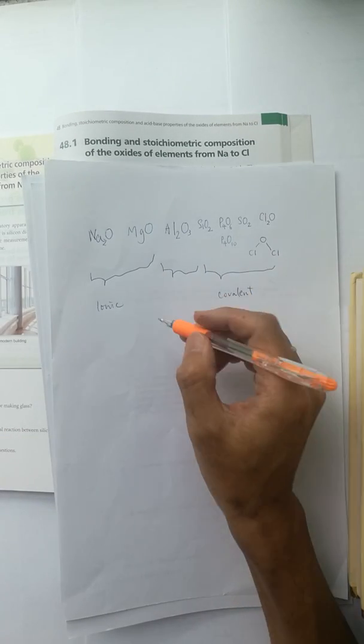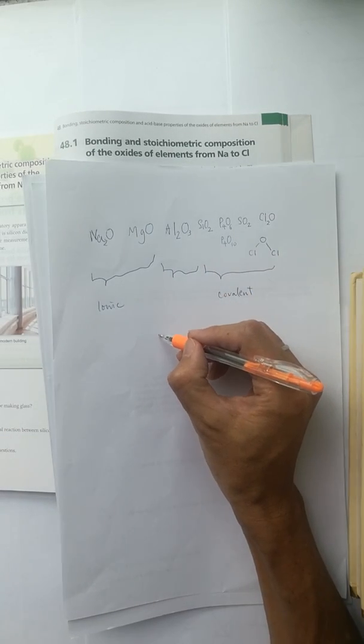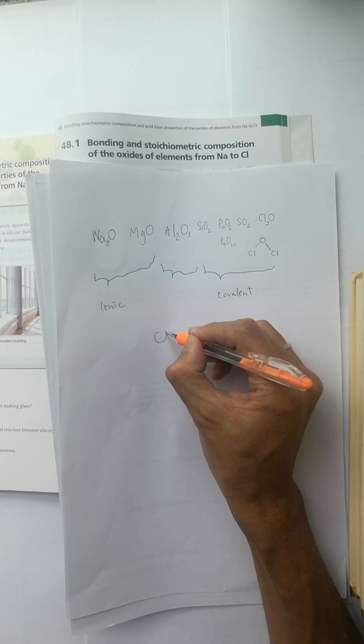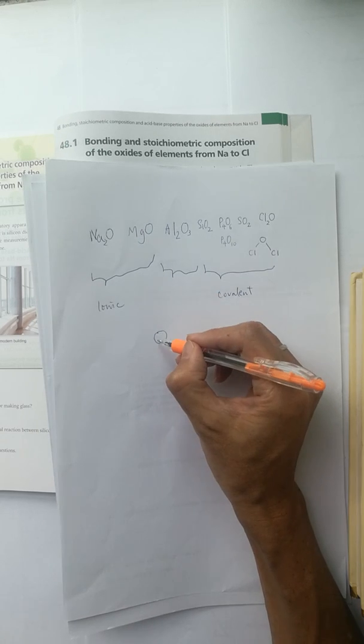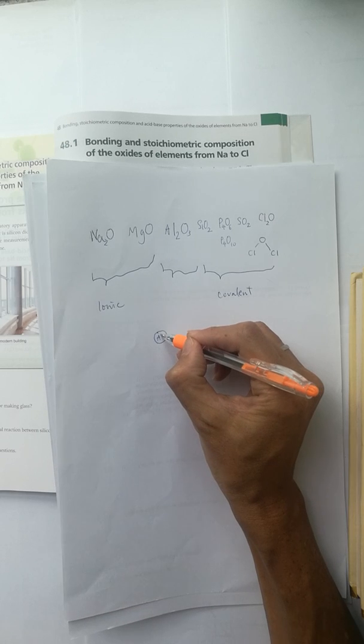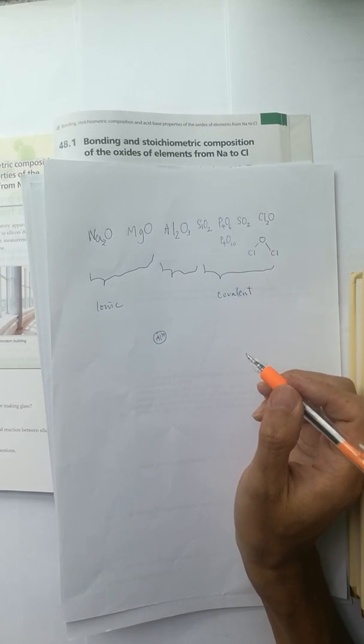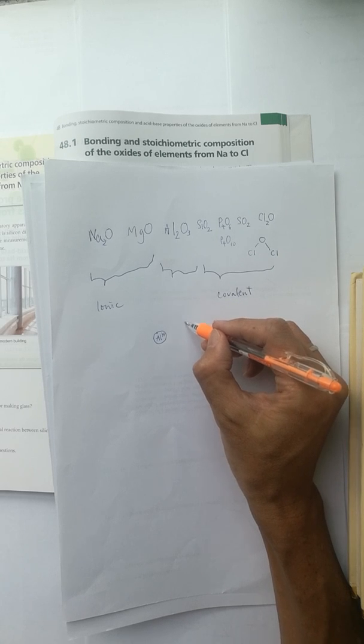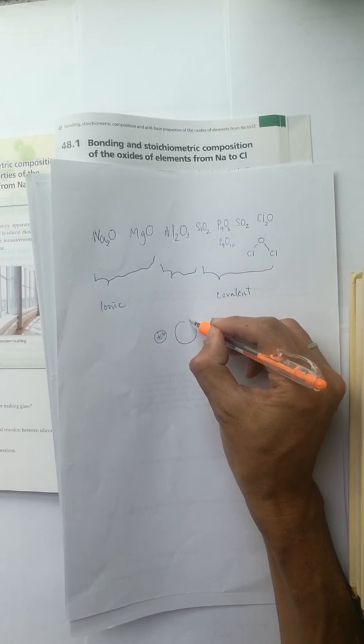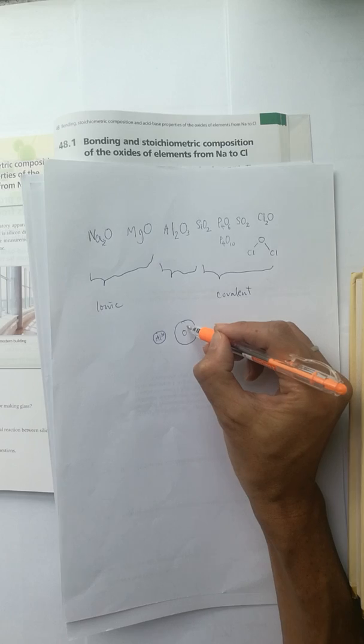For the aluminium oxide, we see it in this way. The aluminium ion is Al3+, and the oxide ion is 2-, O2-.